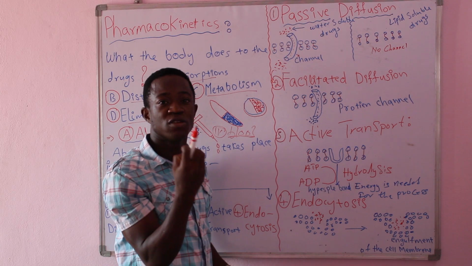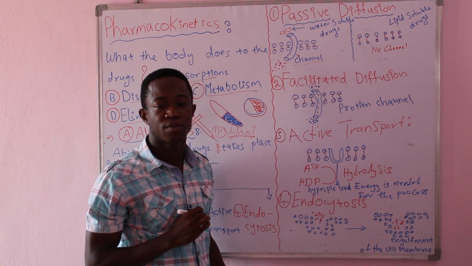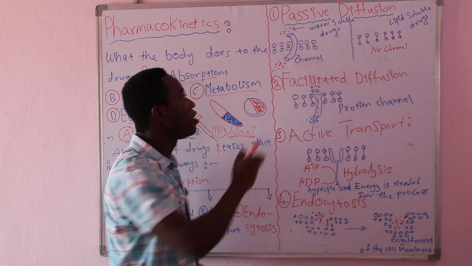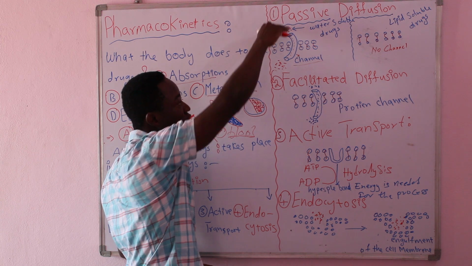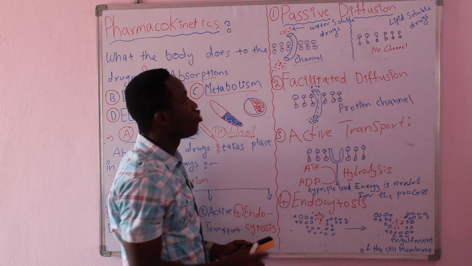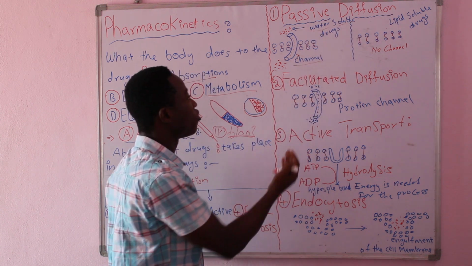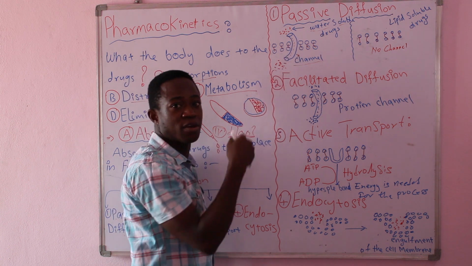But in passive diffusion, it will cross the cell membrane by the help of a channel. So water-soluble drugs will require a channel to cross the cell membrane.